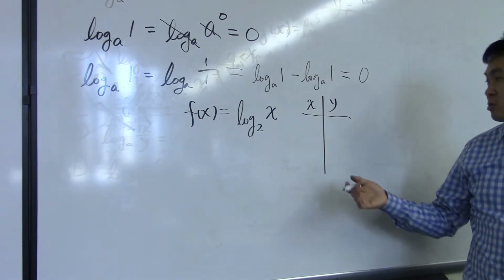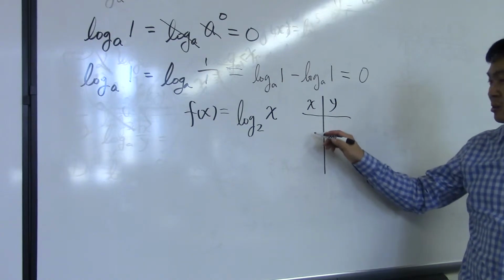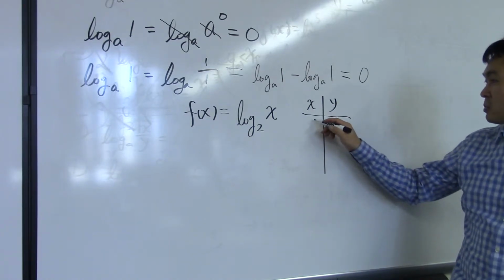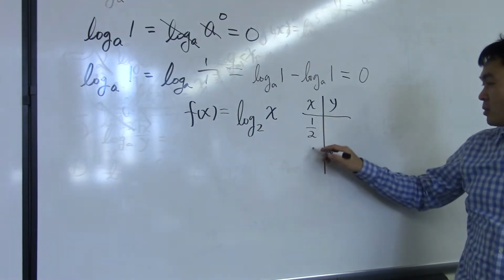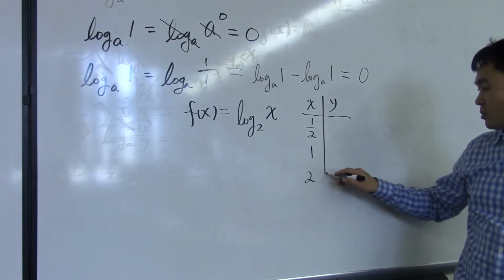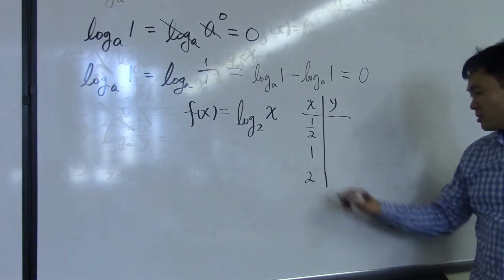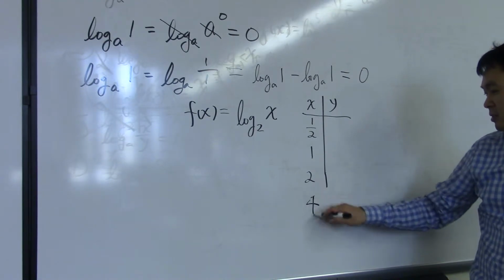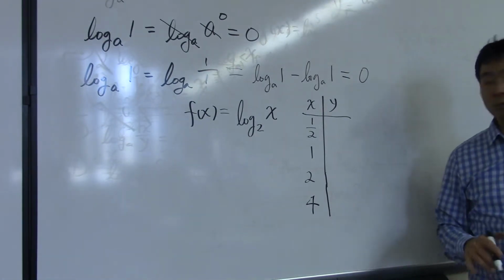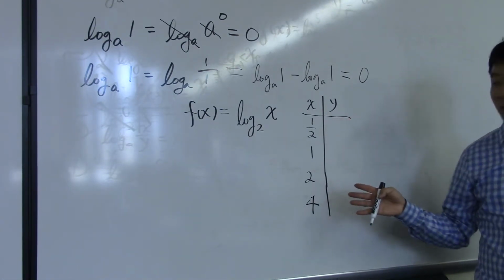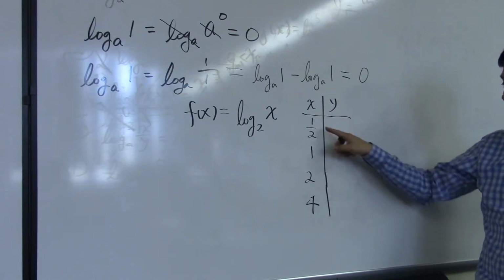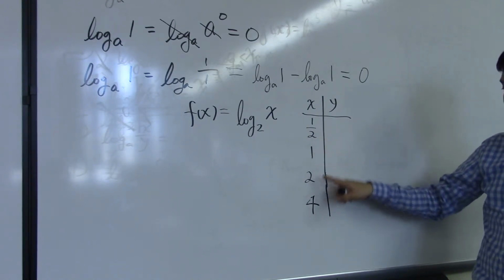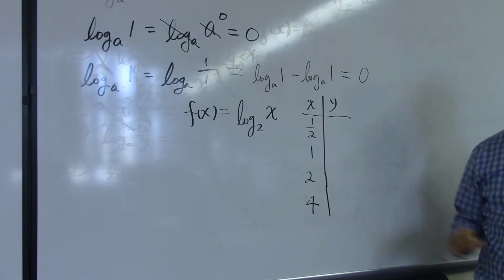Let's just choose three values because I don't want to spend too much time. So let's pick 1/2, 1, 2, just one more, 4. As you can see, what I'm doing is I'm picking the values that are 2 to some power. This is 2 to the negative 1 power, 2 to the 0th power, 2 to the first power, 2 to the second power.